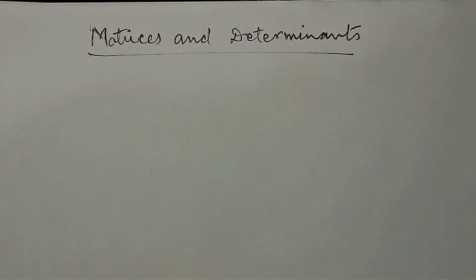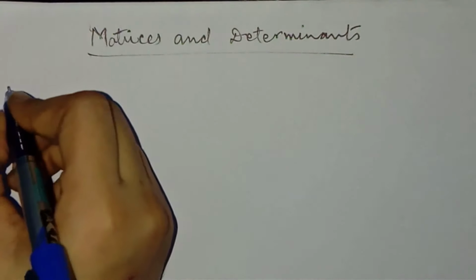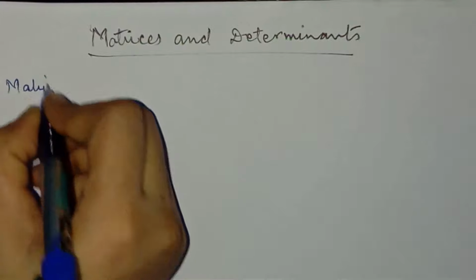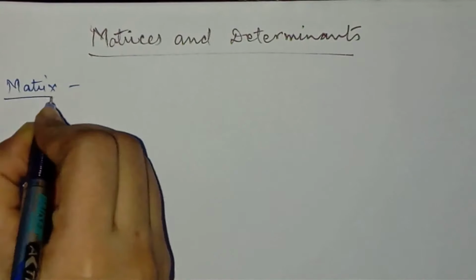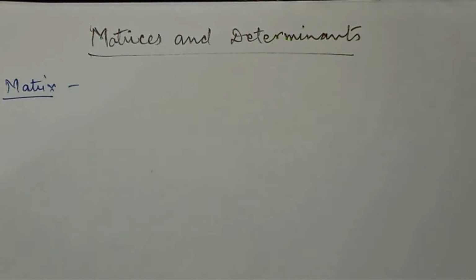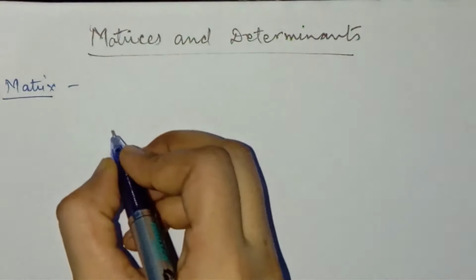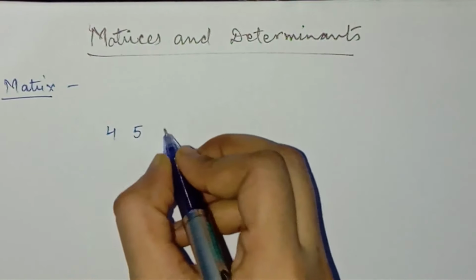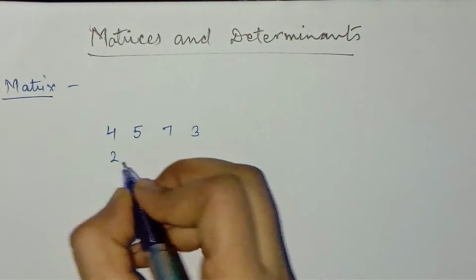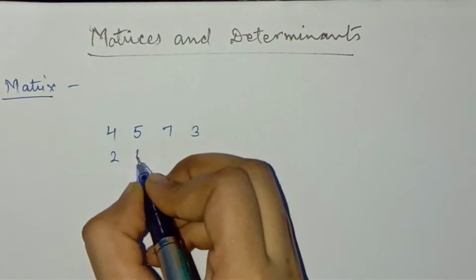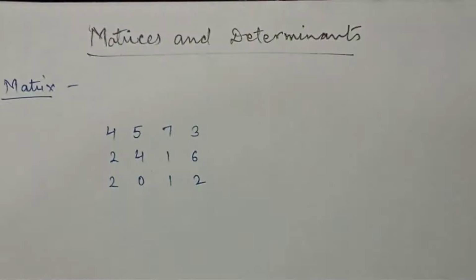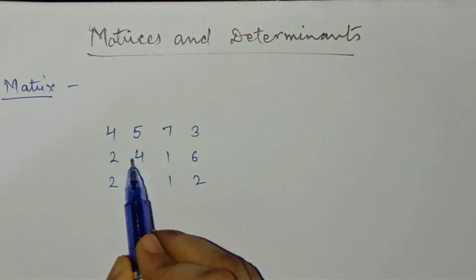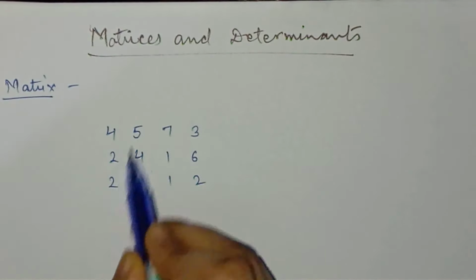To understand the basics of matrices and determinant, we need to first understand what do we mean by a matrix. A matrix is basically an arrangement of numbers into rows and columns. When we are saying arrangement of numbers into rows and columns, so if I write 5, 4, 7, 3, so this is the arrangement of numbers into rows and columns.